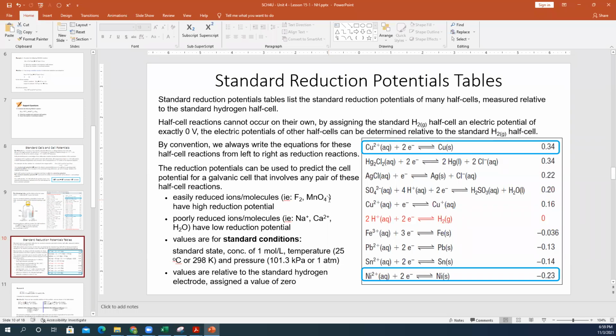And so more easily reduced ions or molecules would have higher reduction potentials, whereas poorly reduced ions or molecules would have lower reduction potentials. So for example, these examples that I'm just trying to show, the copper would have a higher reduction potential, and the nickel.